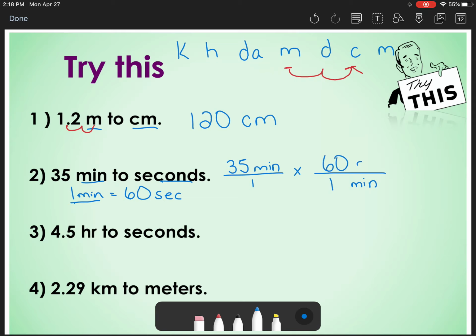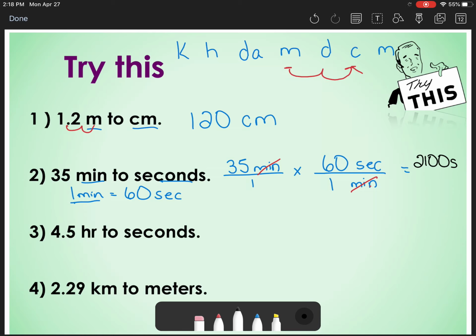So that's why this fraction has to be written as 60 seconds over a minute instead of the other way around. Now I simply multiply and cancel the units that are diagonal from each other if they're the same. So this leaves me with 35 times 60 divided by 1, which is 2100 seconds.